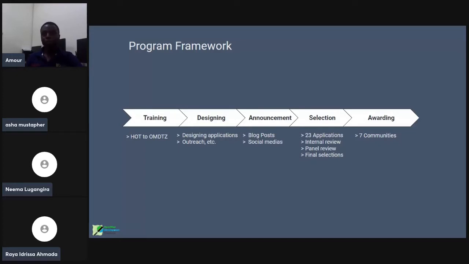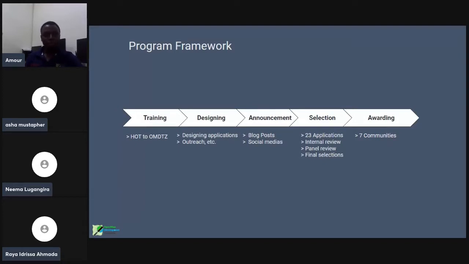So first we started with the training, and this training we received from HOT. HOT supported us with training on how we can conduct a project like this, on how we can support these communities. And after the training, we sat internally and started designing our project and how we can conduct it.